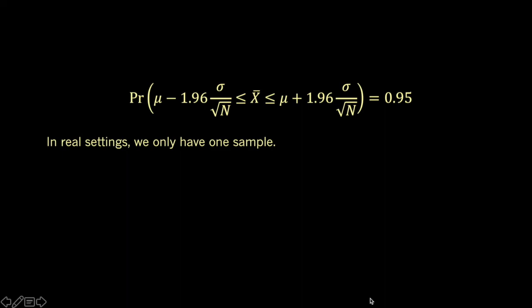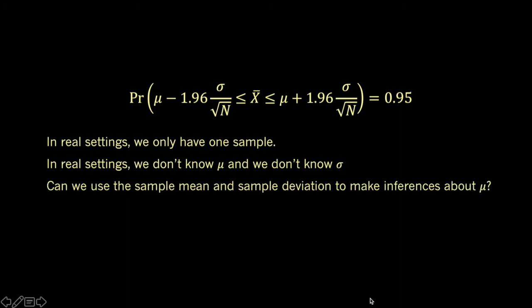We take one sample and we have to make inferences about mu. In real settings, we don't know mu, and we don't know sigma. We can only take a sample and compute the sample mean, x bar. Now the question is, can we use the sample mean and the sample deviation to make inferences about mu? That is the question.